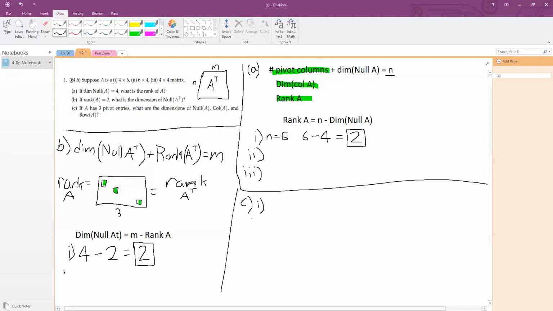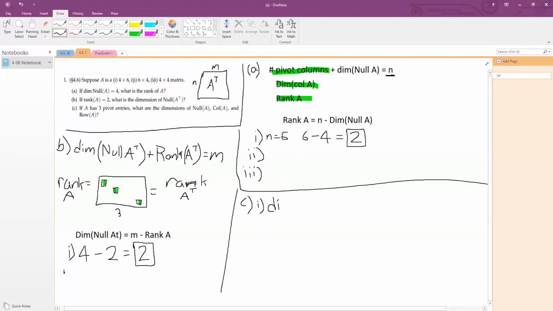All we know is that A has 3 pivot entries. Well, that actually tells you quite a bit, right? If you have 3 pivot entries, then you know that your rank is also going to be 3. And you know that the dimension of your column space and the dimension of your row space will both be 3. So that tells us a lot right off the bat.